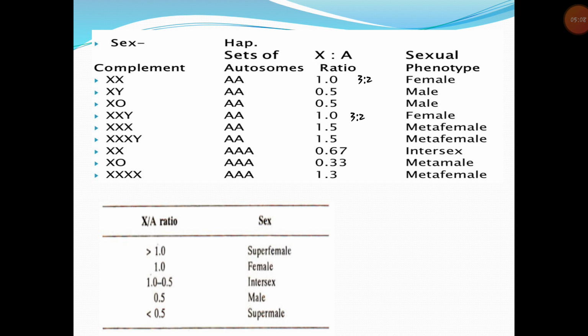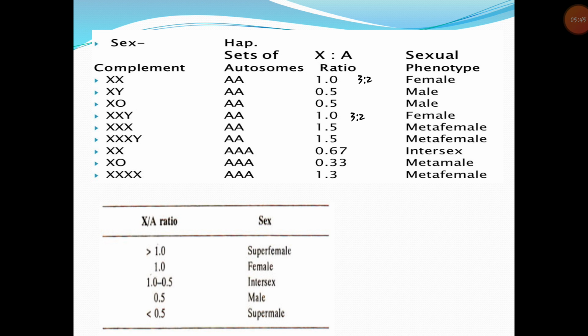So alternately we can determine the sex of the fly by finding the X to A ratio, that is the number of X chromosomes versus the number of autosome sets, in this table. The super female has a ratio greater than 1.0, the female has a 1.0 ratio, the intersex has 1.0 to 0.5, and the male has 0.5.